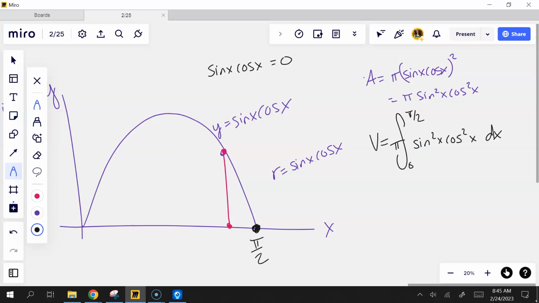This is probably why this is a calculator. I don't know the antiderivative of sine squared cosine squared. I could do a u, but then even with a u, I get more.